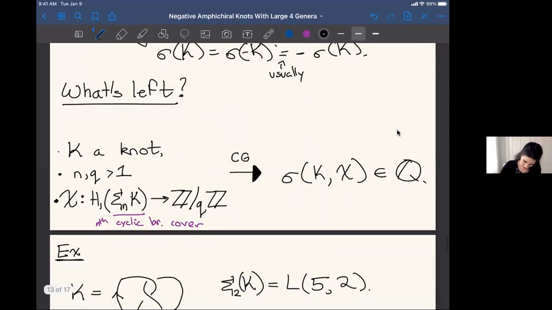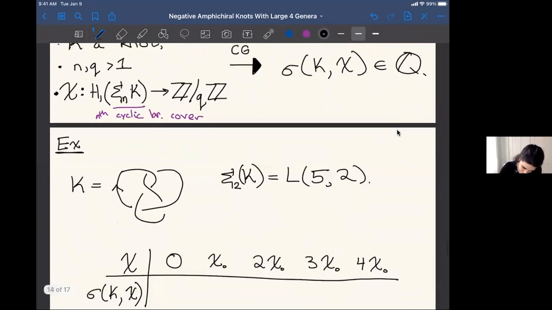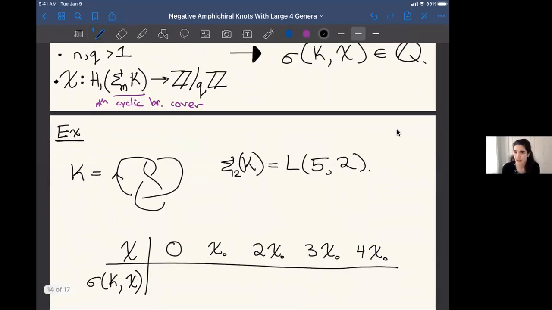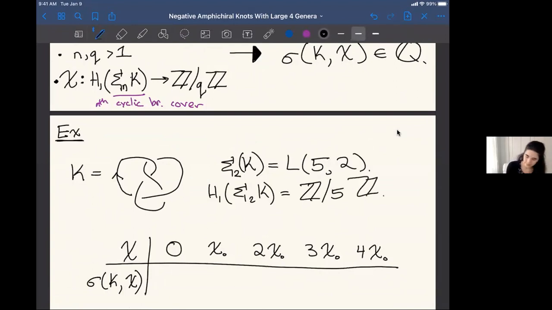So let me show you an example. Here's the figure 8 knot, our old friend, and its double branched cover is a lens space. So in particular, the first homology of the double branched cover is order 5, which means that there are 5 characters to consider.